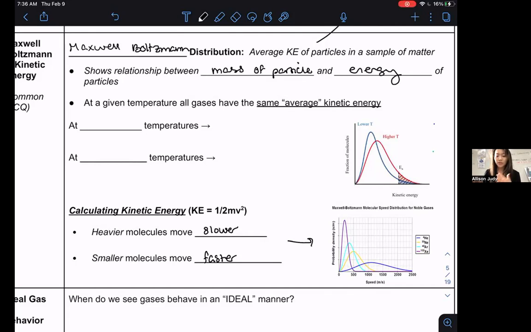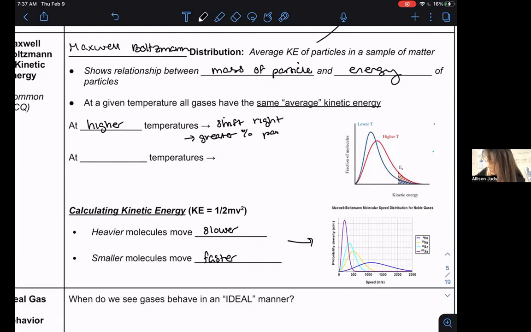And what we'll see according to the Maxwell distribution curve is that at higher temps, we of course get a curve that will shift to the right, because a greater percentage of the particles is moving at higher kinetic energy.